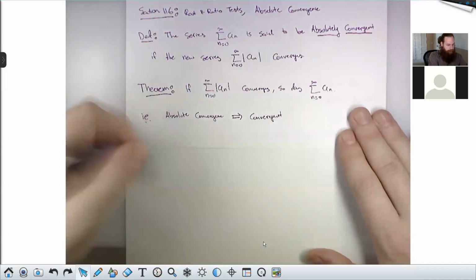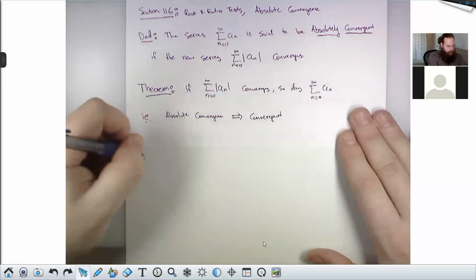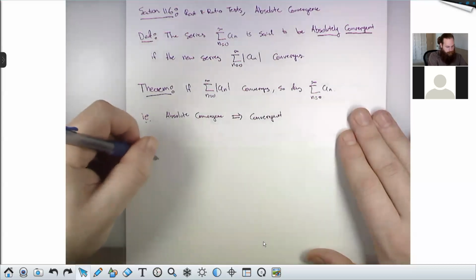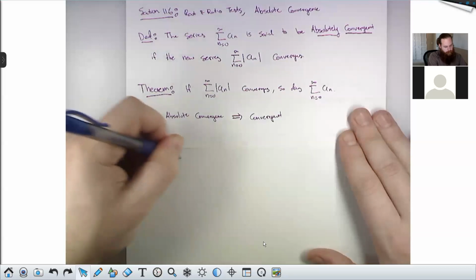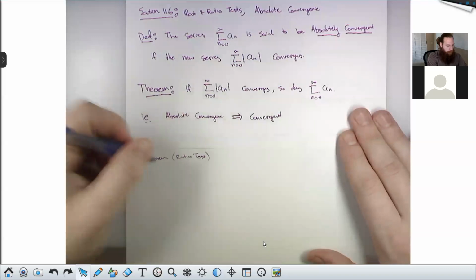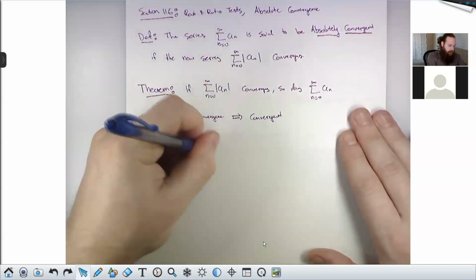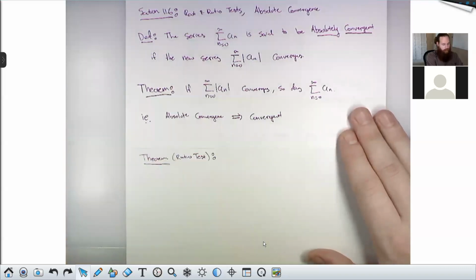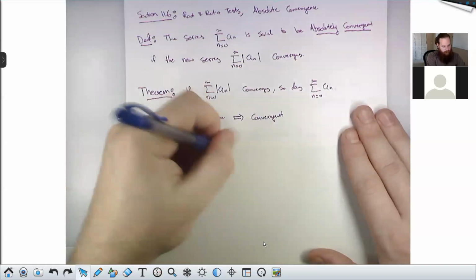But the next theorem is called the root test and the ratio test. So I'll do the ratio test first. Most people like the ratio test a little bit more than the root test. The root test is easier to prove. So here's what the ratio test says.